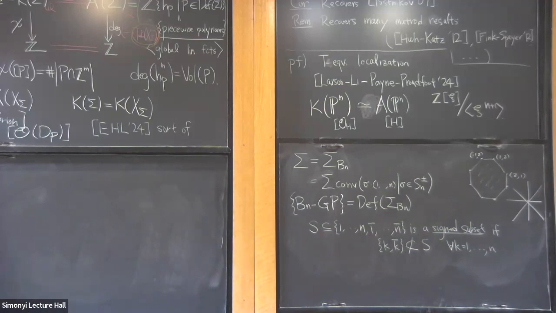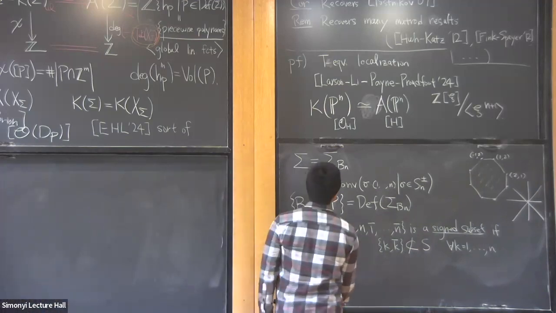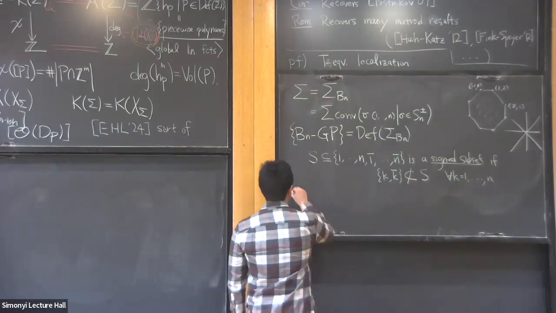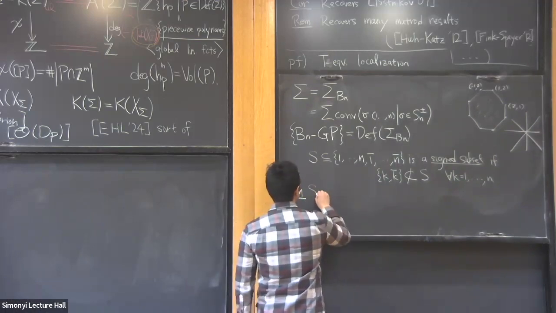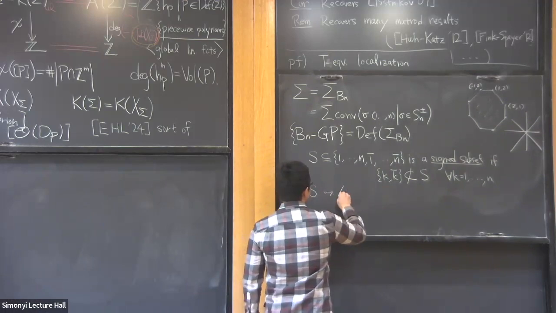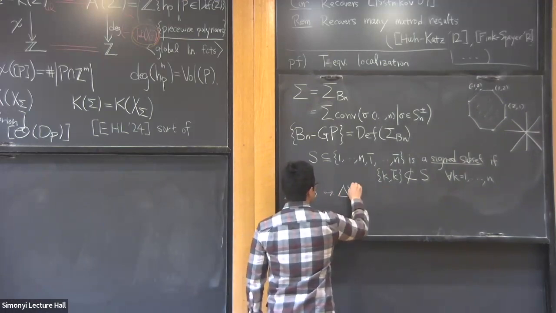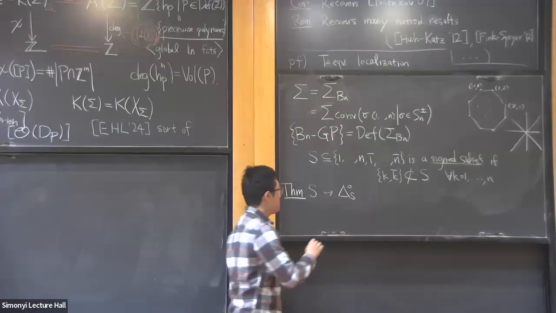So here's the theorem, which I think I'll squeeze in here. For a signed subset, let's now define a standard simplex with this little circle.